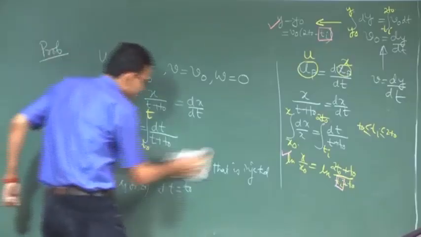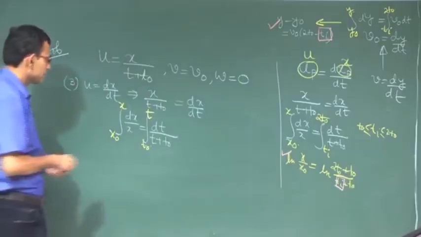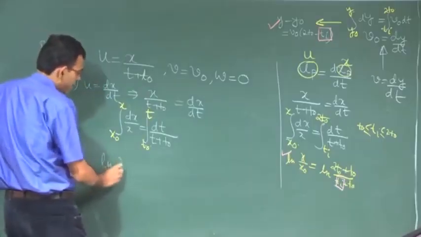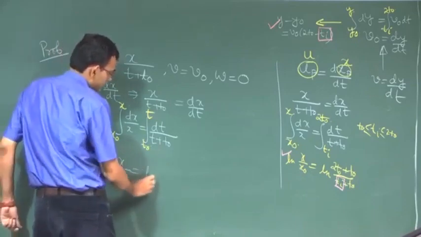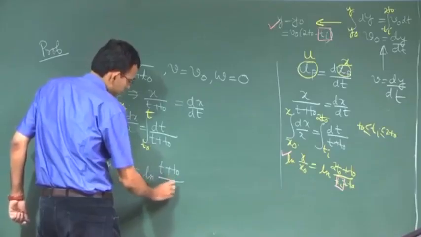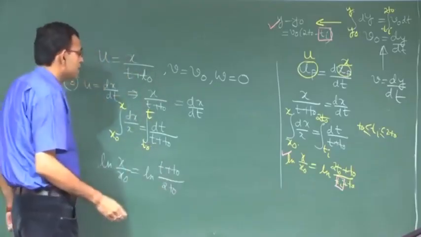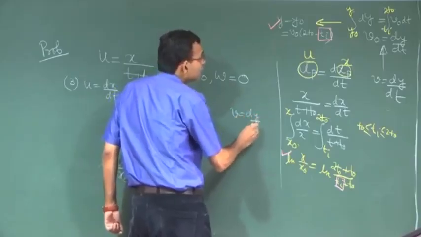So you have ln of x by x0, and similarly you have v is equal to dy dt.